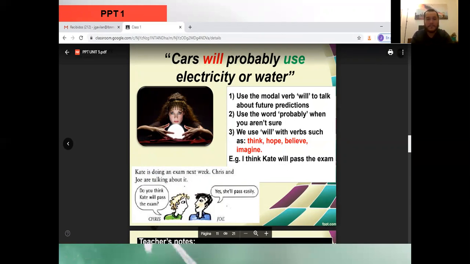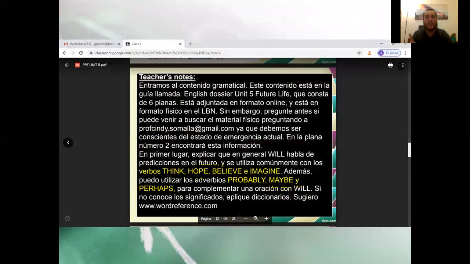Remember that. Why do I give that information? Teacher's note. Look at the part where I use Spanish, and it talks about predictions in the future, and that you commonly use the verbs think, hope, believe, and imagine, and you can also use the adverbs probably, maybe, and perhaps to complement a sentence with will.